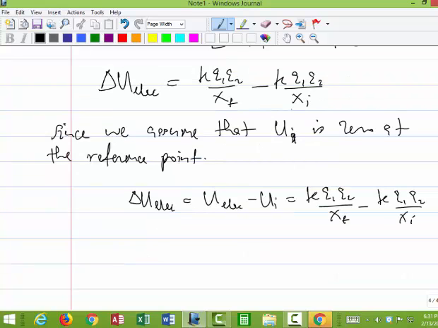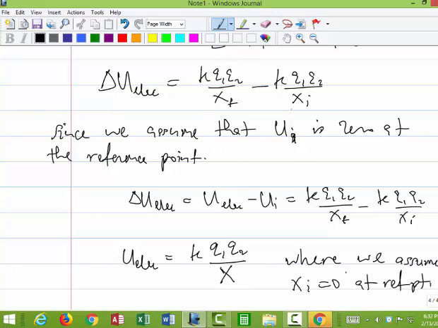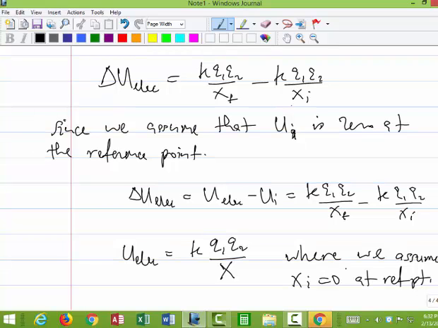So this allows us to write the total potential energy U electric as just K Q1 Q2 divided by R, where R is the distance between the charges. We shall write it as X first. If X initial is 0 at the reference point, then the electric potential energy is just K Q1 Q2 over X, where X is X final minus X initial. But since X initial is 0, X final is the same as X.